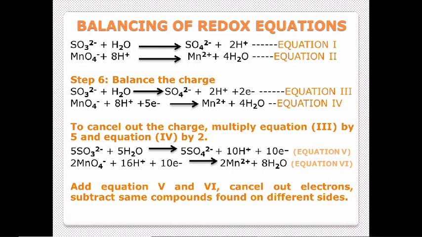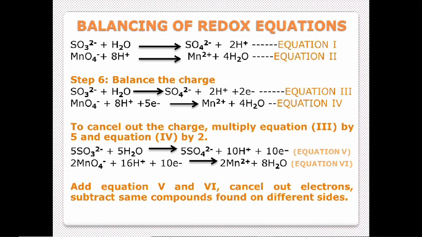Also, we have 10 hydrogen ion on the product side of equation 5, and we have 16 hydrogen ion on the reactant of equation 6. Therefore, we need to say 16 minus 10. That gives 6. And that will be at the side where we have excess of hydrogen ion. So we are going to have 6 hydrogen ions there.